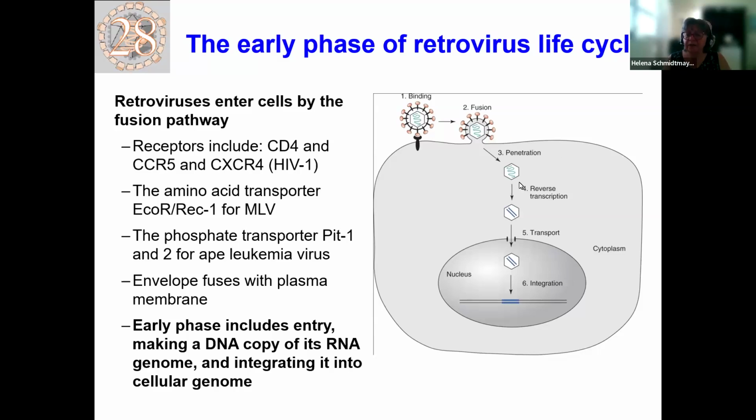The viral nucleocapsid is released into the target cytoplasm and travels along the microtubules towards the nucleus. During this time, viral RNA is reverse transcribed into viral DNA. Once it reaches the nucleus, the viral DNA is transported into the nucleus.